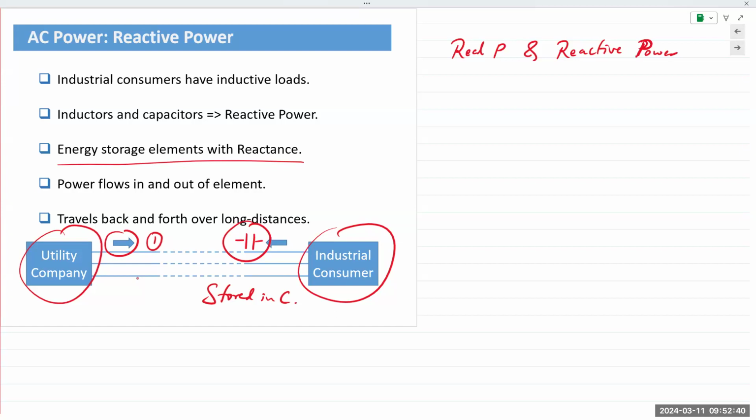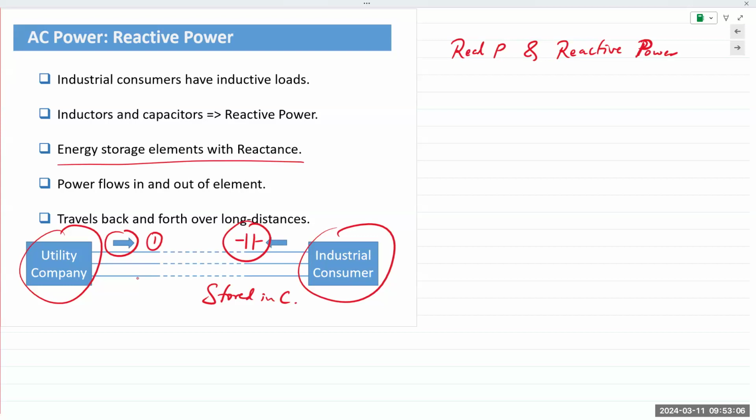In real life, if power ever goes out or you're installing a new facility, the utility company will not transmit electrical power all at once. The consumer has to work with the utility company to flip on the switches one by one. If all of the switches are flipped all at once and all the machines come online all at once, the utility company would not be able to supply all of that power.